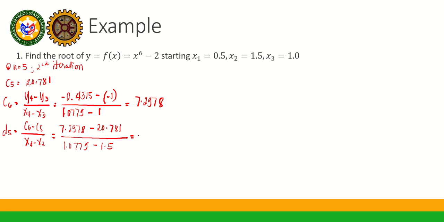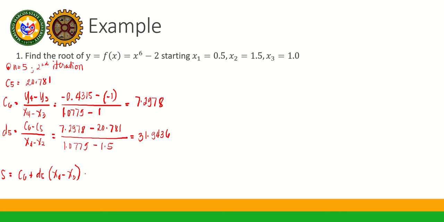So we will have a value of 31.9436. And computing for S, formula will be C sub 6 plus D sub 5 times x4 minus x3.